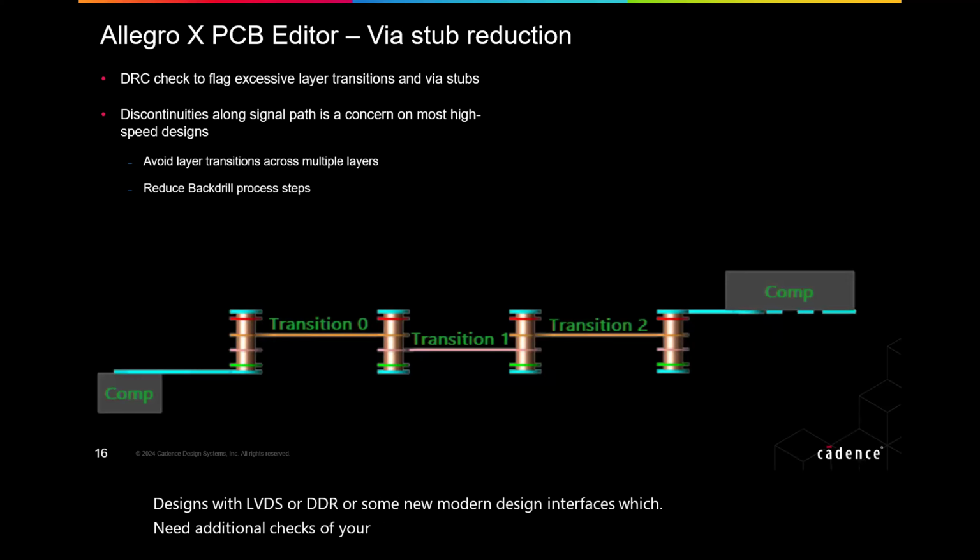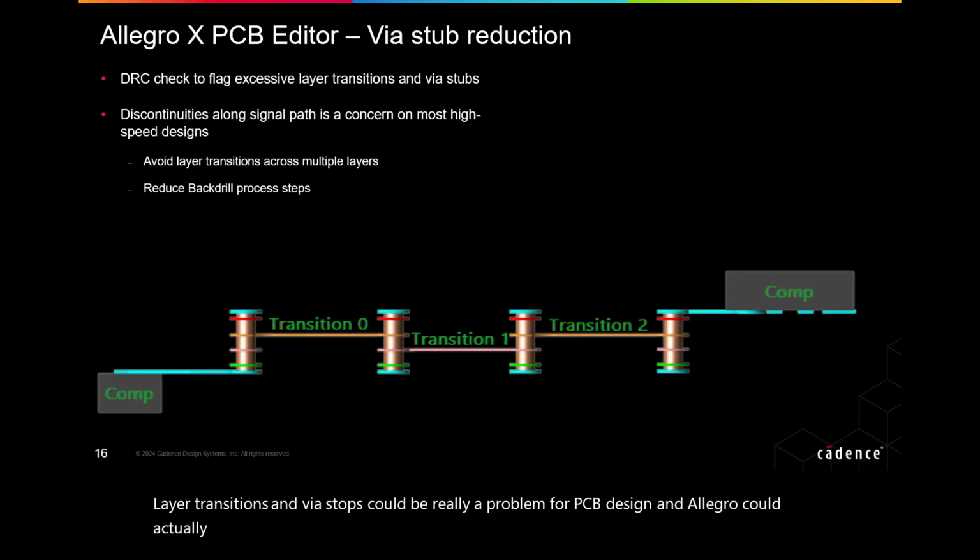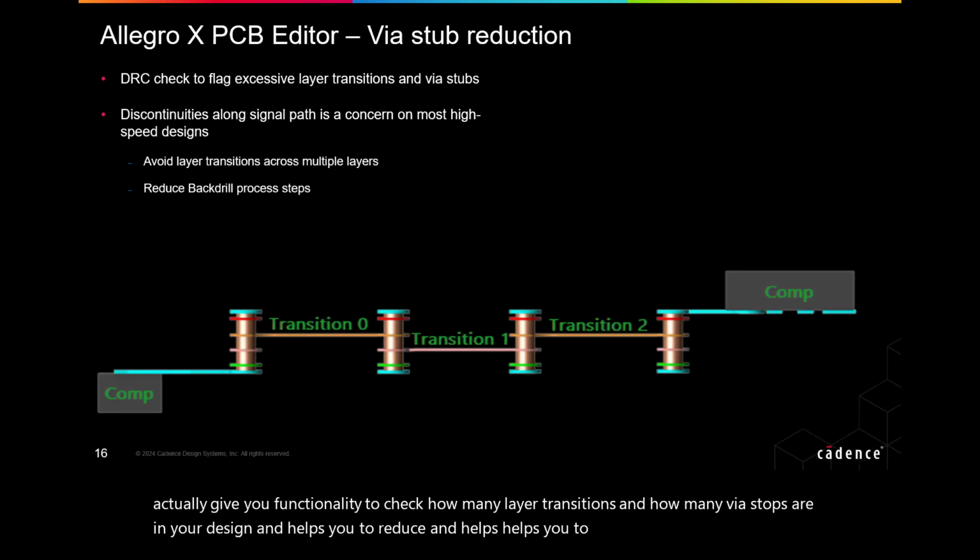For example, as we can see here, layer transitions and via stubs could really be a problem for PCB design, and Allegro could give you functionality to check how many layer transitions and how many via stubs are in your design, and helps you to fix this automatically.